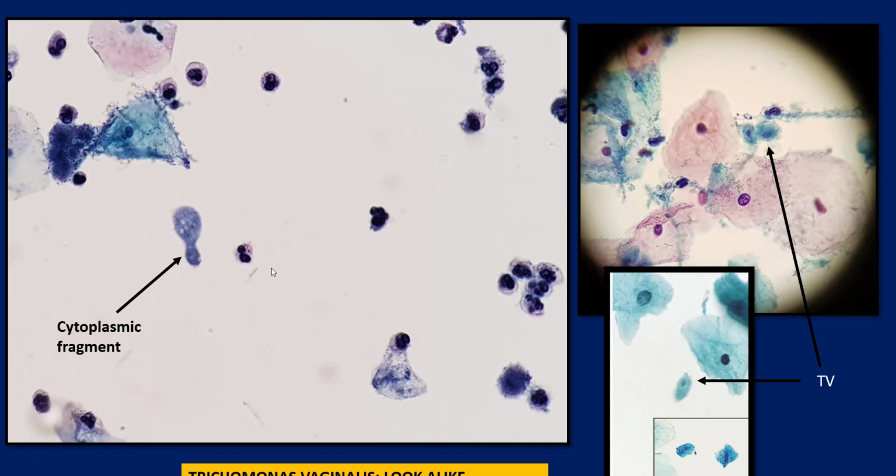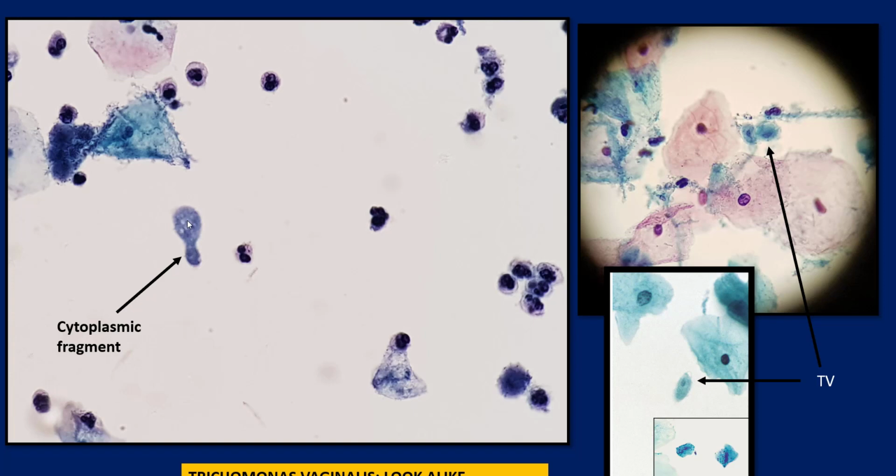Now, there are a number of situations where one might mistake structures which are not Trichomonas as Trichomonas, and one of the commonest things that do so are cytoplasmic fragments. So cytoplasmic fragments are Trichomonas vaginalis look-alikes. They do not show the nuclei. They do not show any flagella, which may not be present in all the cases.